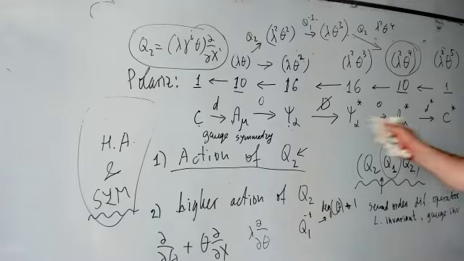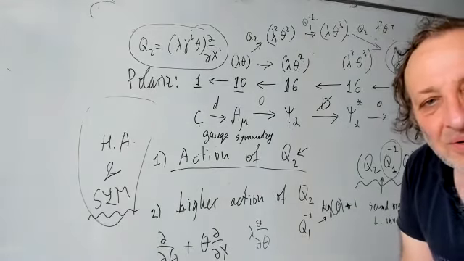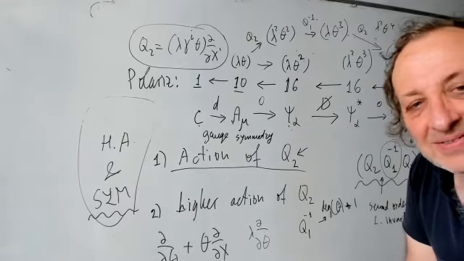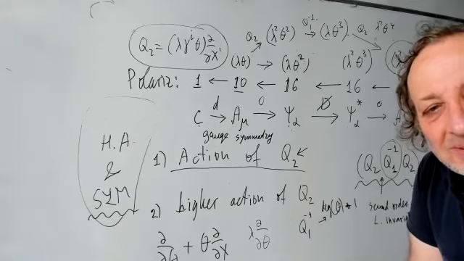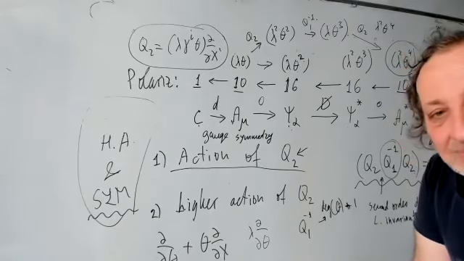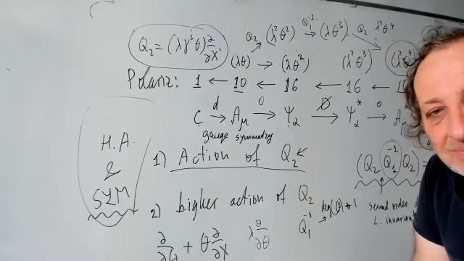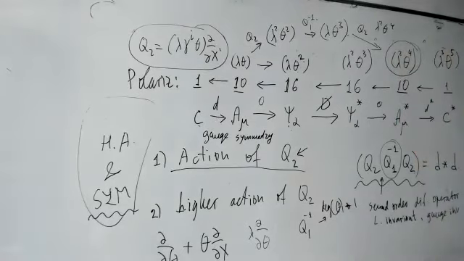So after all these preliminaries, sorry, before we start, can I ask one question? Sure. So we said that Q2 is acting from C to A with differential, and then from A to psi with 0, and then from psi to psi star with the Dirac operator, right? Yes.